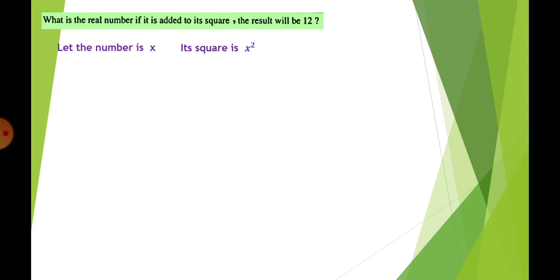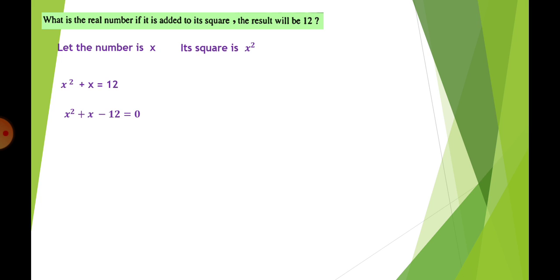To write the equation, if we add its square, x power 2 plus x, it will be 12. We put the equation x power 2 plus x equals 12 in the standard form. So we can write x power 2 plus x minus 12 equals 0.